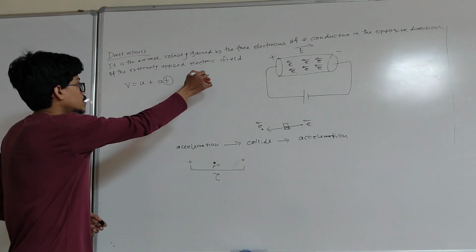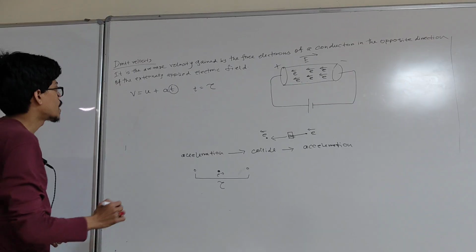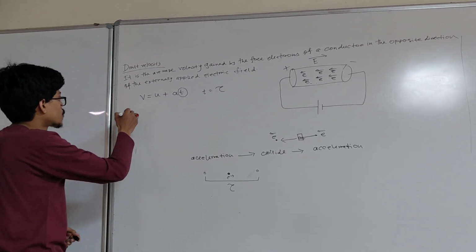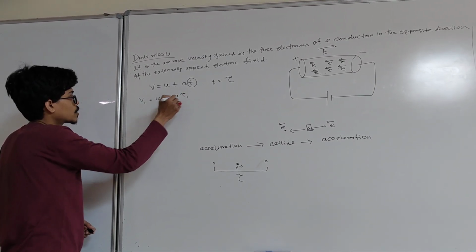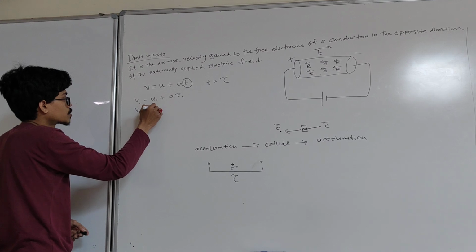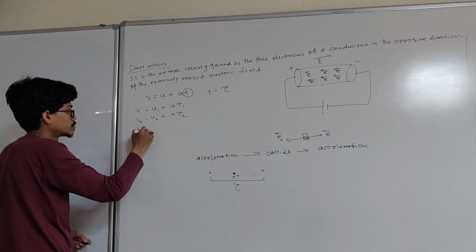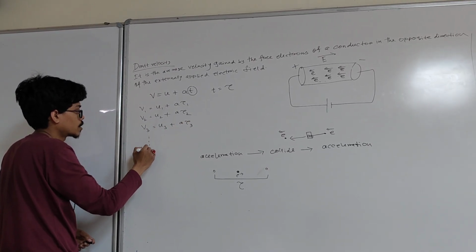So we will take that tau in our one-dimensional equation of motion, and for the acceleration we will take the acceleration of the electron. So for every particle we can get a certain kind of equation, like this way and so on.